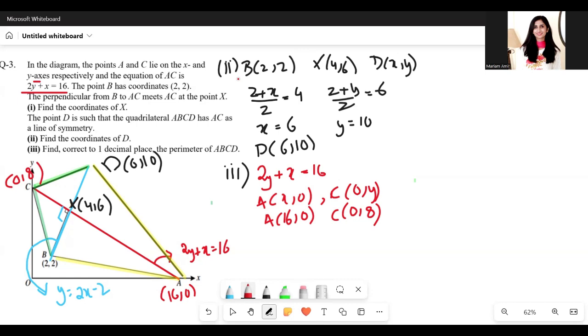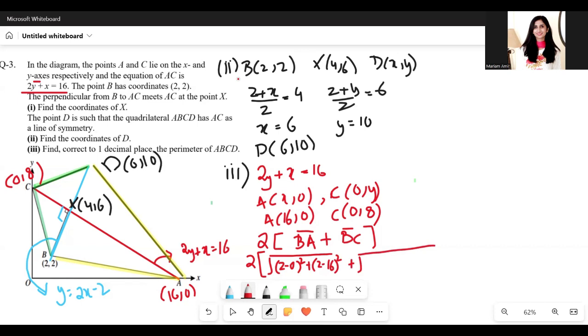Okay. Now just do 2 times length of BA plus length of BC. So 2 times square root of y2 minus y1 whole square plus x2 minus x1 whole square for A. So I'm going to do 2 minus 0 whole square plus 2 minus 16 whole square, plus do the same for BC. So I'm going to do 8 minus 2 whole square plus 0 minus 2 whole square.